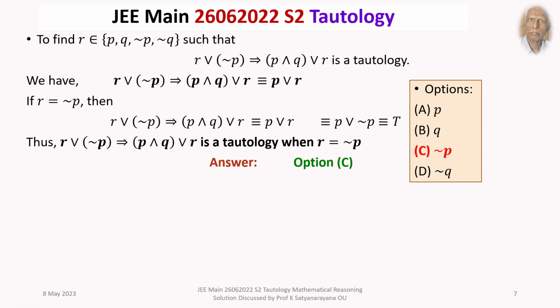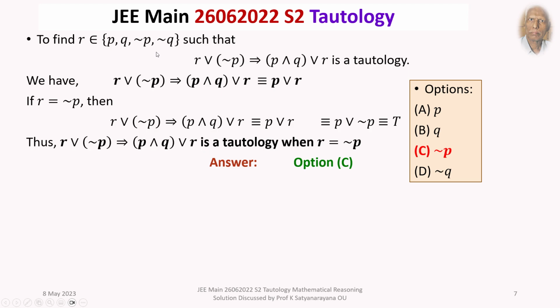Now, I will add one point here. Sir, what if I make use of truth tables? The answer is that you will be making truth tables for various choices of R. So how many choices are there? 4 choices.